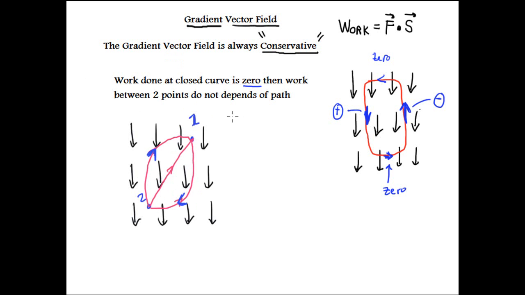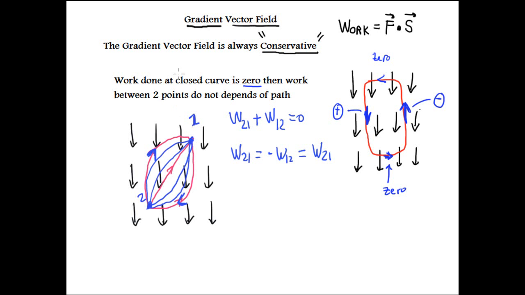So the work done from 2 to 1 is one number, plus the work done from 1 to 2 is 0. Therefore, the work done from 2 to 1 is equal to minus the work done from 1 to 2, which is obviously the same. It's independent of the path we travel. The work is the same, independent of the path.